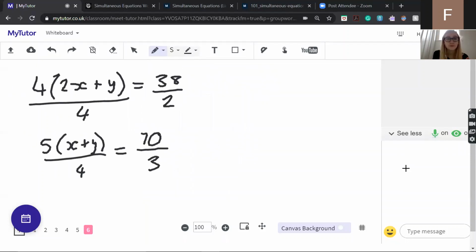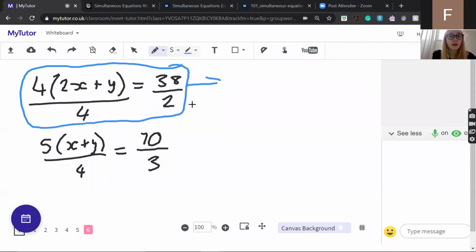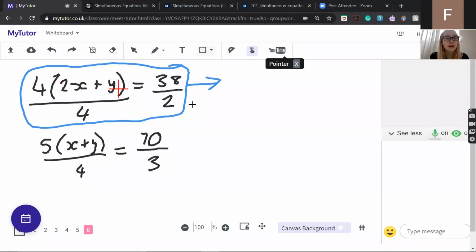So I will start with this one. Now, first of all, looking at the left-hand side of the equation, we can see that we've got 4 lots of something that's then being divided by 4.